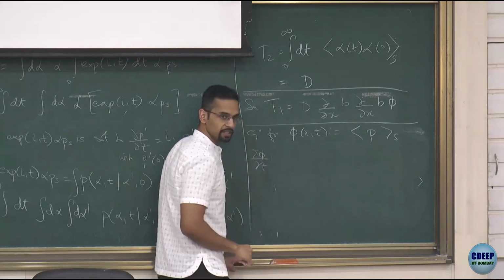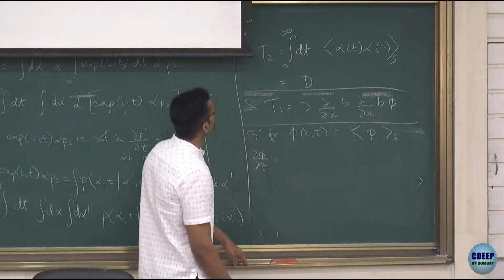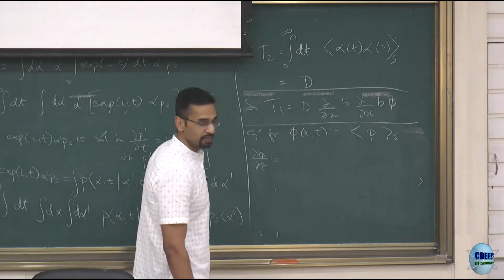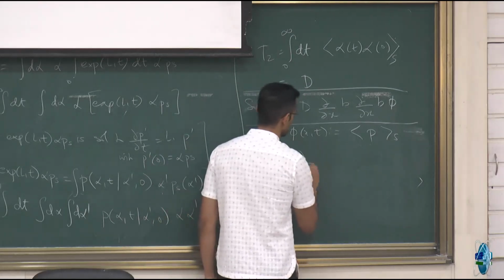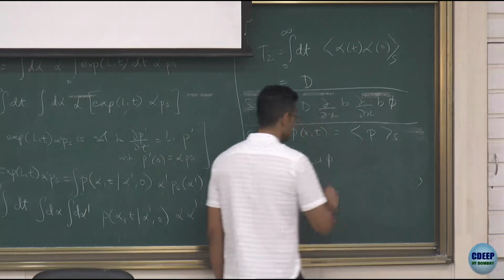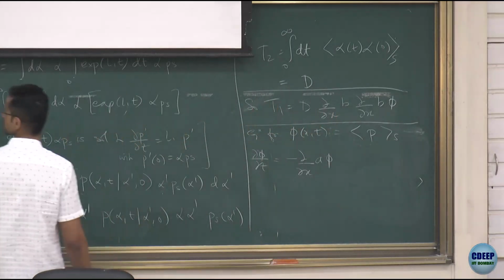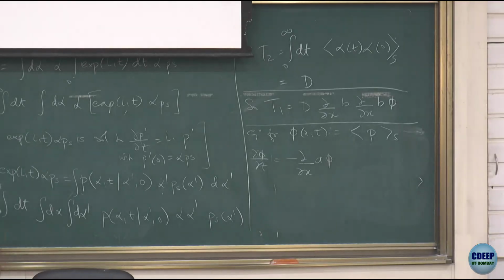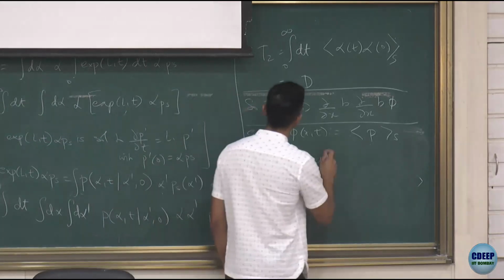So I'll get dou phi dou t is equal to, remember we have L3 phi, but that is just minus d by dx of A phi, correct? And then this other term, which was just T1, right?